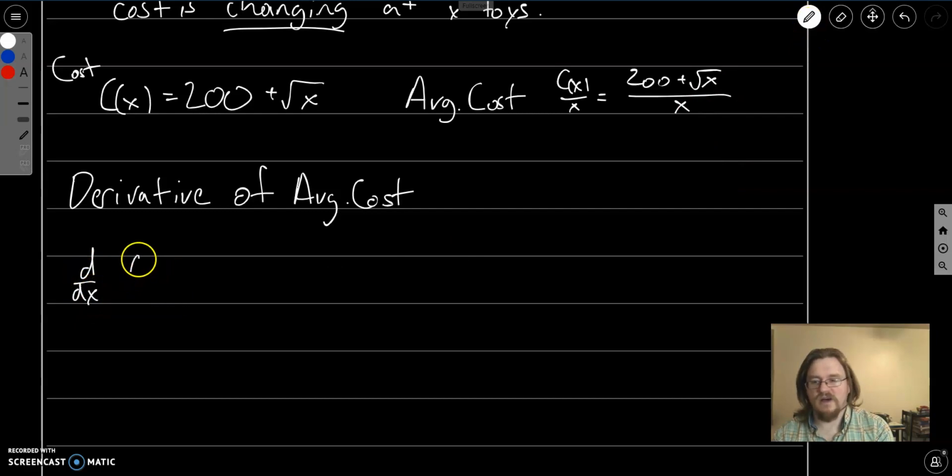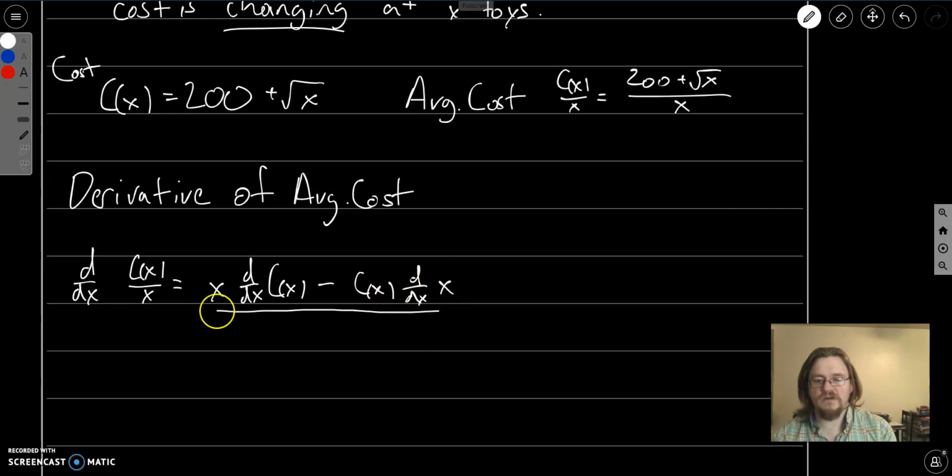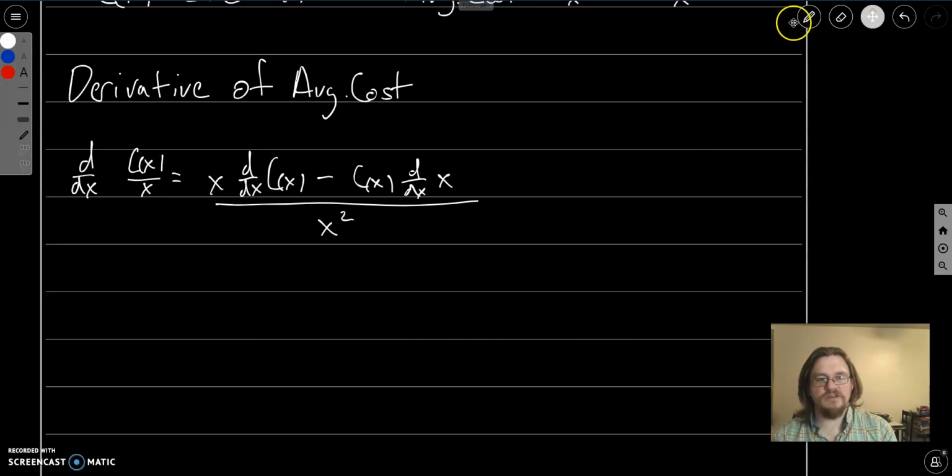So we'll start taking a derivative. The derivative of c of x divided by x, again, we'll use our quotient rule: we take the bottom times the derivative of the top, minus the top times the derivative of the bottom, all over the bottom squared. So far so good.